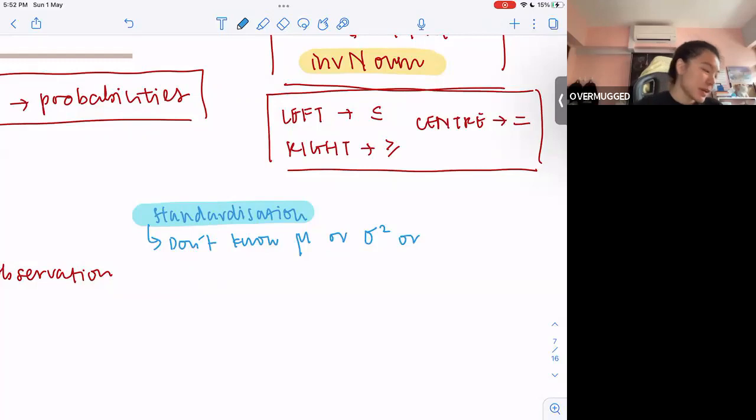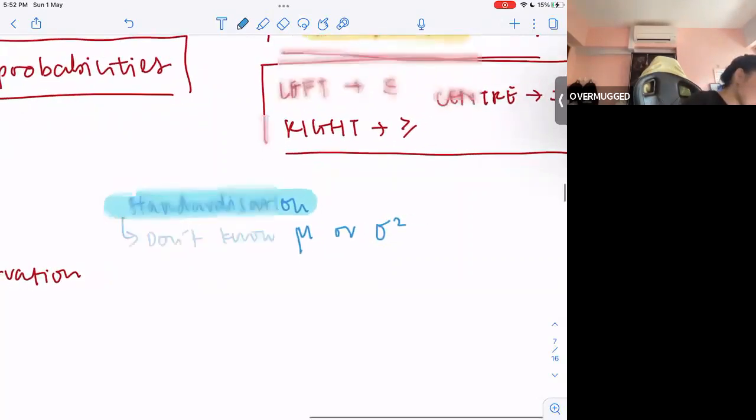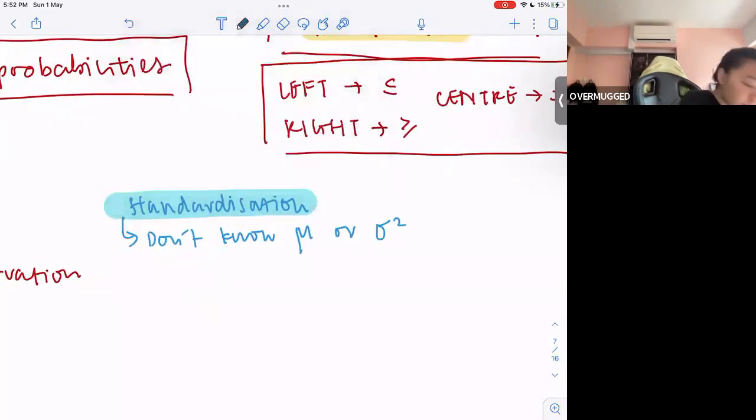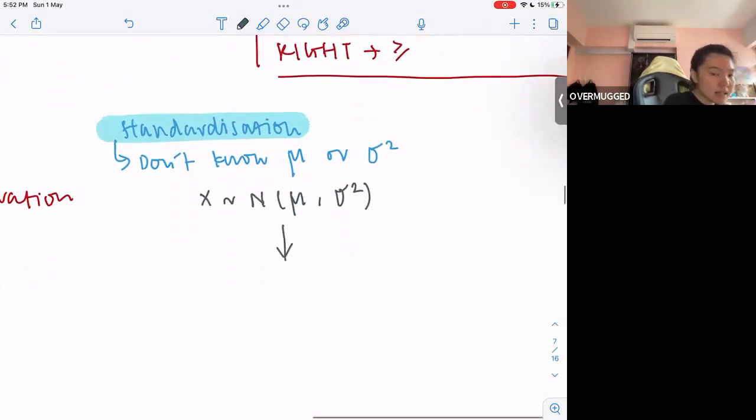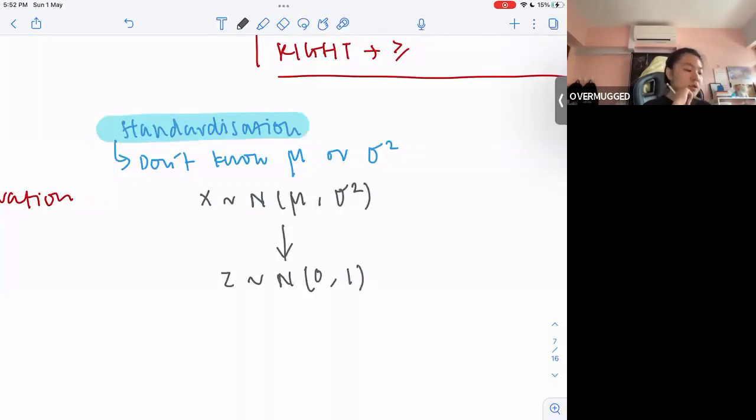What happens when you standardize is, initially you would have your normal distribution with mu and sigma squared. After you standardize, mu will definitely be 0 and your sigma squared will definitely be 1.